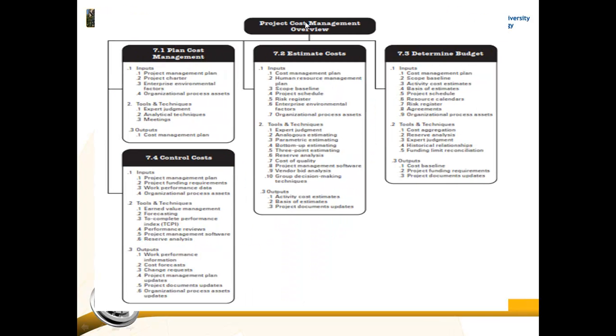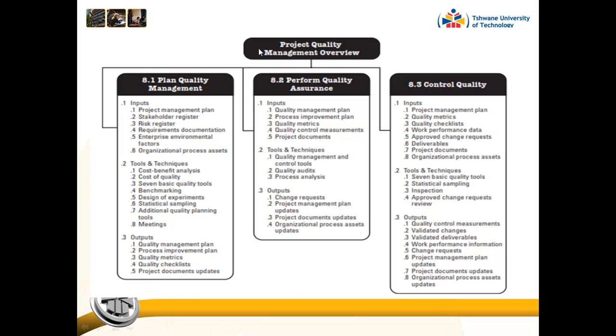Then project cost management. Plan cost management, estimate costs, determine budget, and control costs. This is addressed in project accounting, which is scheduled for next semester for most of you. Then project quality management. Plan quality management, perform quality assurance, and control quality.